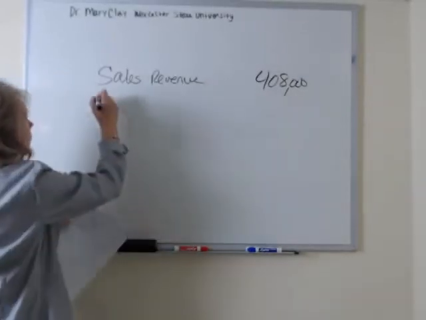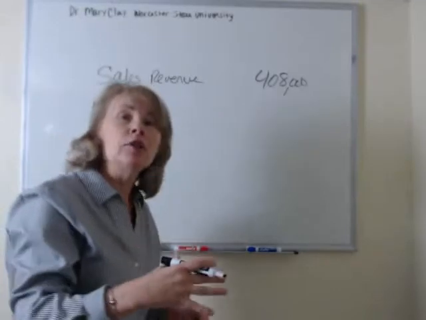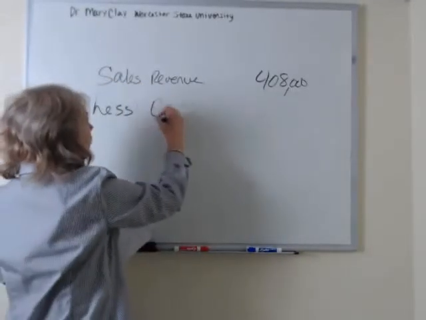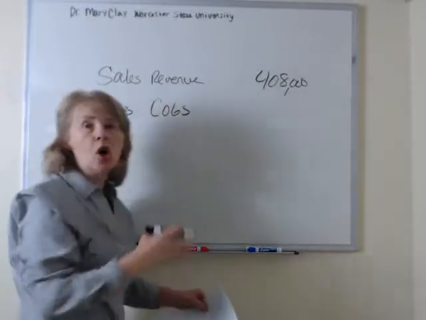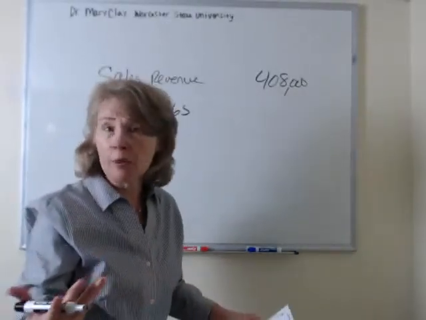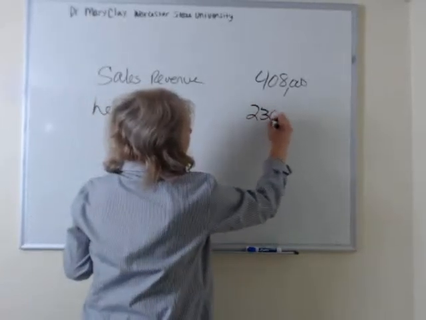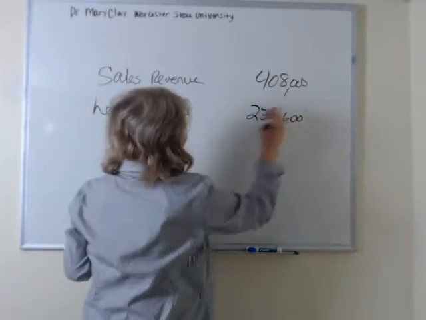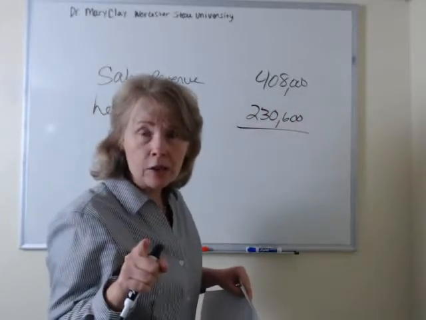My cost of goods sold, less, of course, the lab, you'll have the drop-down window. I'm abbreviating. Okay, so your cost of goods sold will come from your prior problem we just worked on, which is 230,600. That's your cost of goods sold, not cost of goods manufactured.